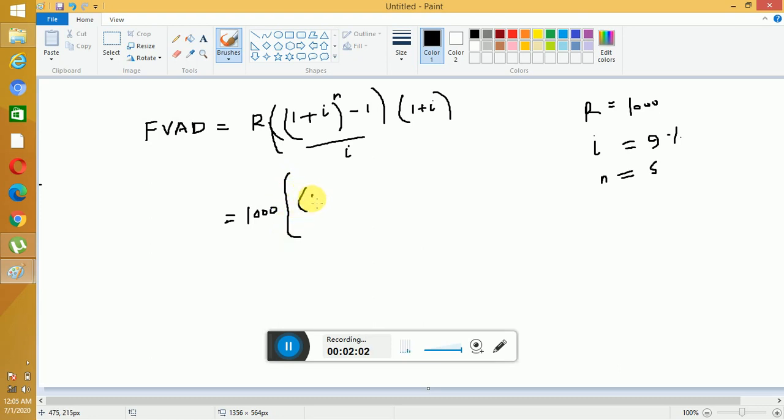Now see, 1 plus I, interest is 9%, raised to the power n. So number of years is 5, minus 1, whole divided by I. Again it is 9%.